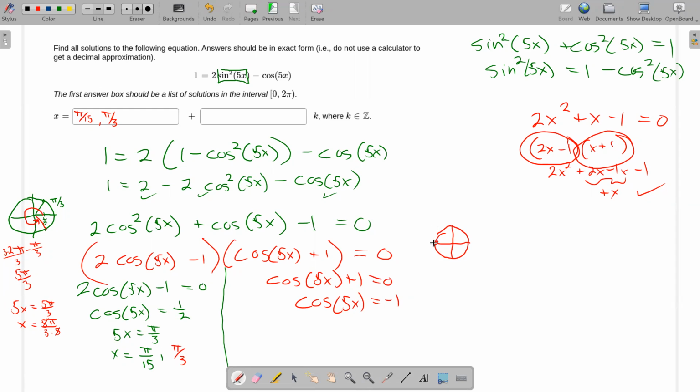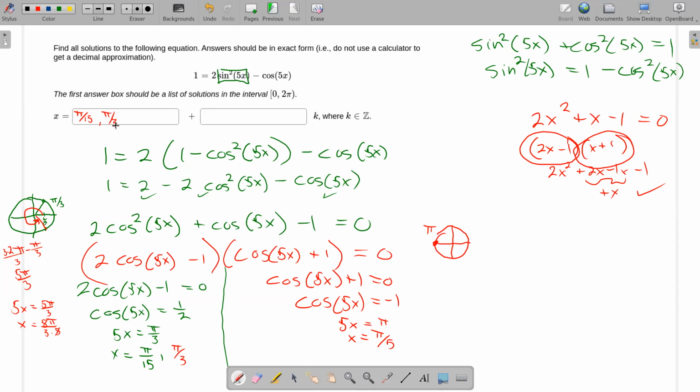X equals -1 at this point only, and that would be an angle of pi. So cosine of whatever equals -1 if whatever is pi. So 5x equals pi, so x equals pi over 5.